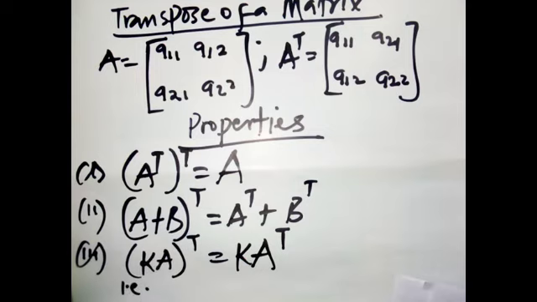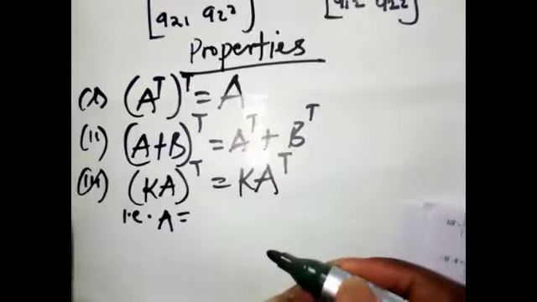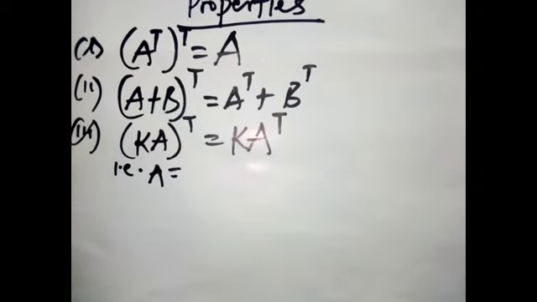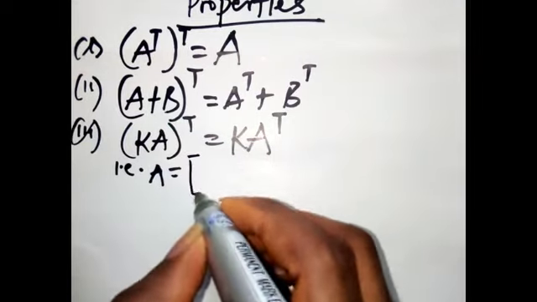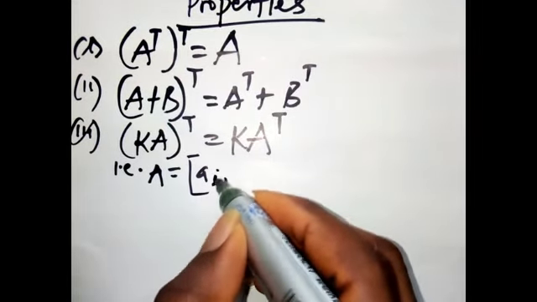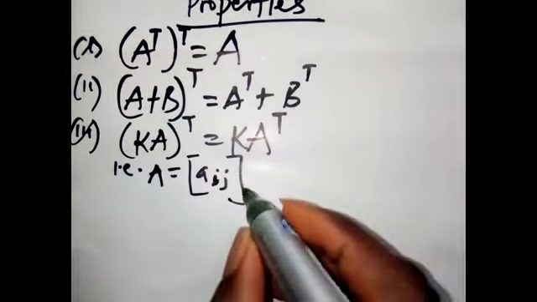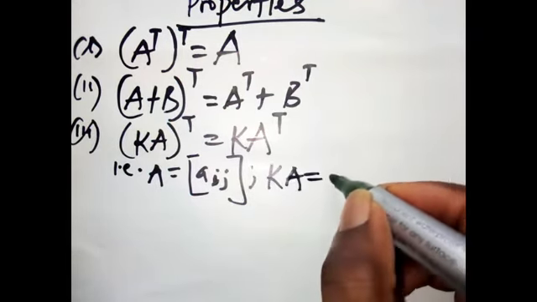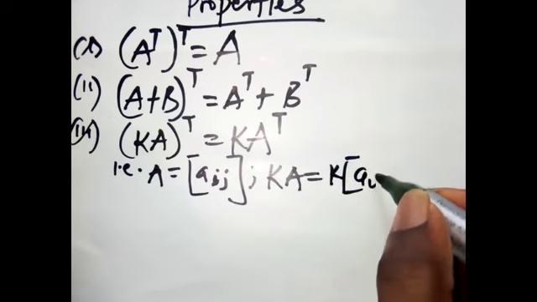That is to say that given matrix A equal to Aij, then KA is given as K times Aij.